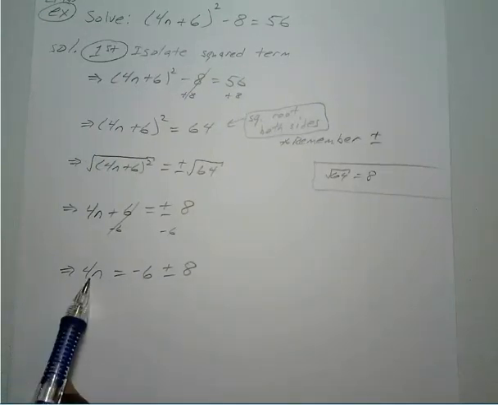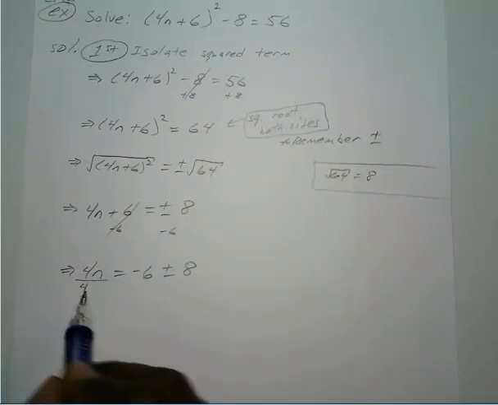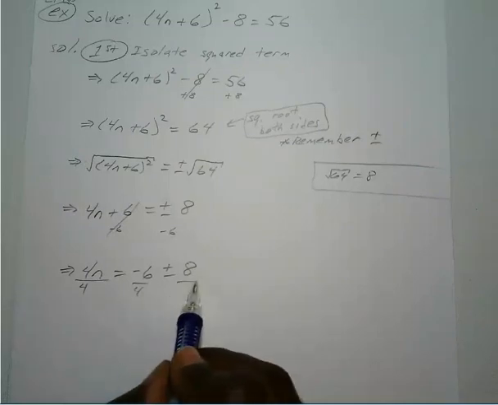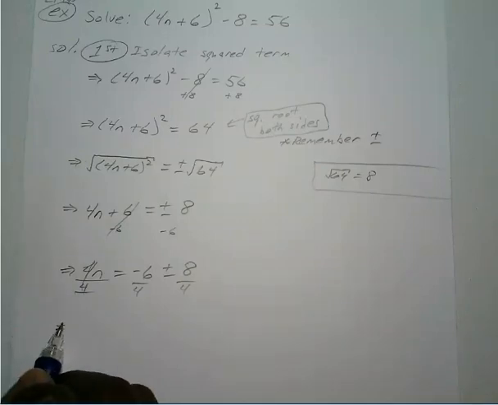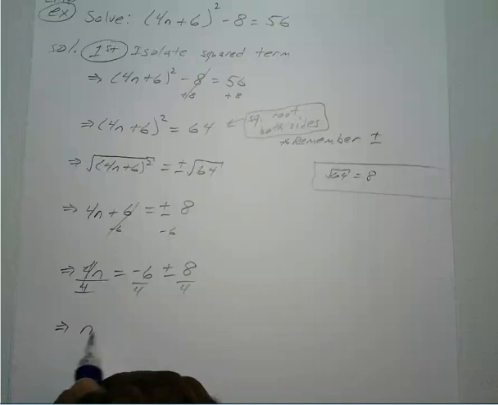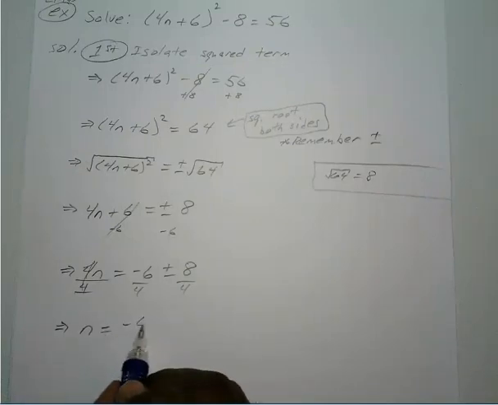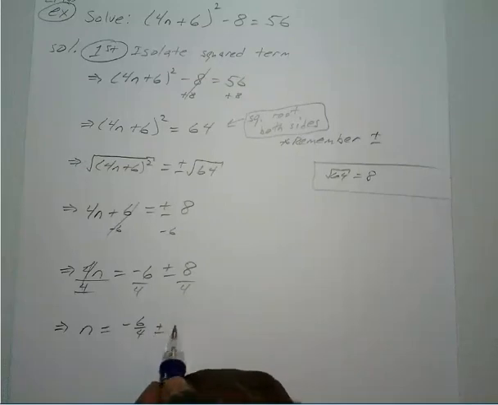Okay, so to solve for n, we just divide every term by our coefficient of 4, where anything divided by itself equals 1. So that leaves us with n is equal to negative 6 over 4 plus or minus 8 over 4.